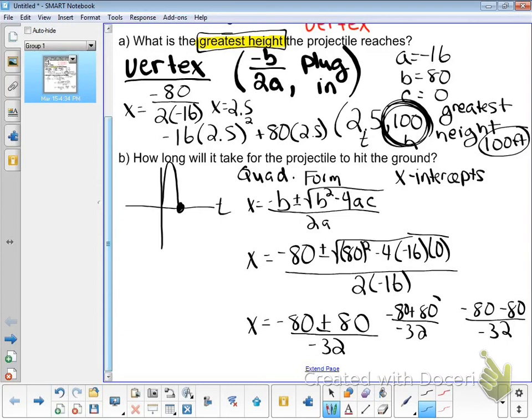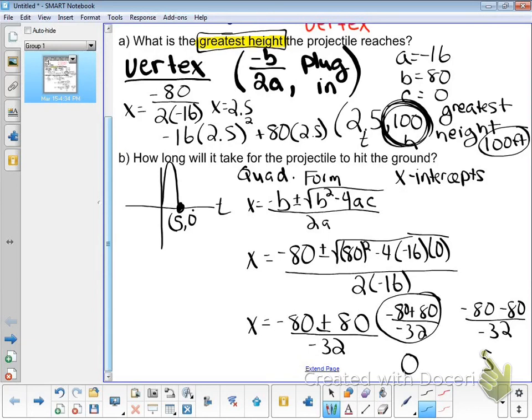This one right here is going to be 0, because negative 80 plus 80 is 0. So I'm going to check the other one. Negative 80 minus 80, hit enter, divided by negative 32, gives me 5. Now, that is this point, (5, 0).